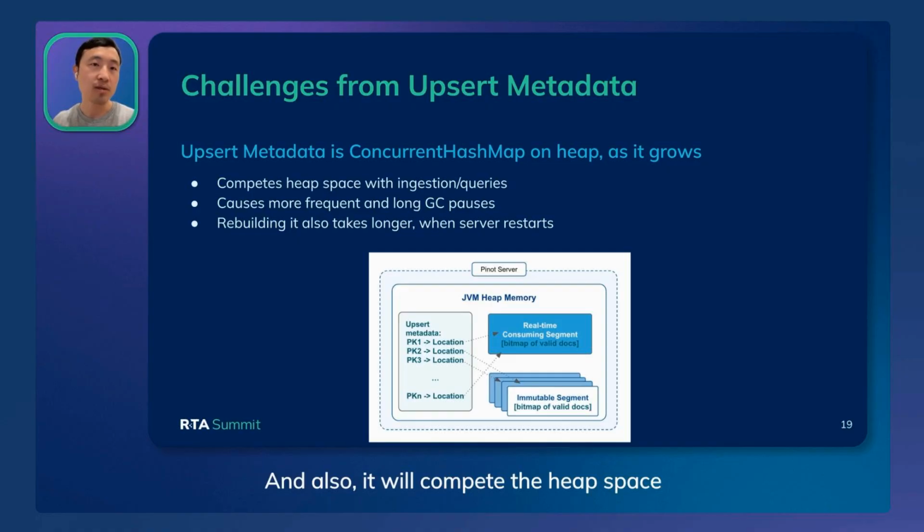And also it will compete for the heap space with the ingestion workload and the query workload, impacting their performance. Besides, rebuilding this large Upsert metadata can also take a lot of time when the server gets restarted, because everything is kept on heap, it will be lost when the server restarts.